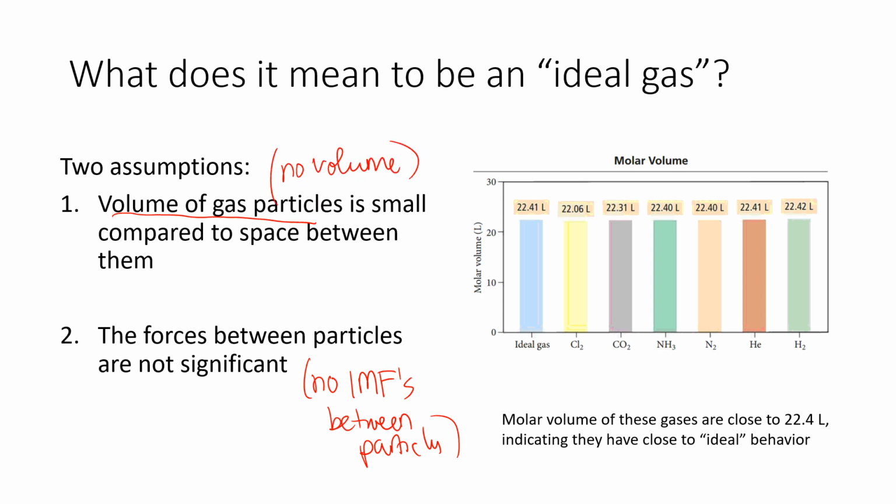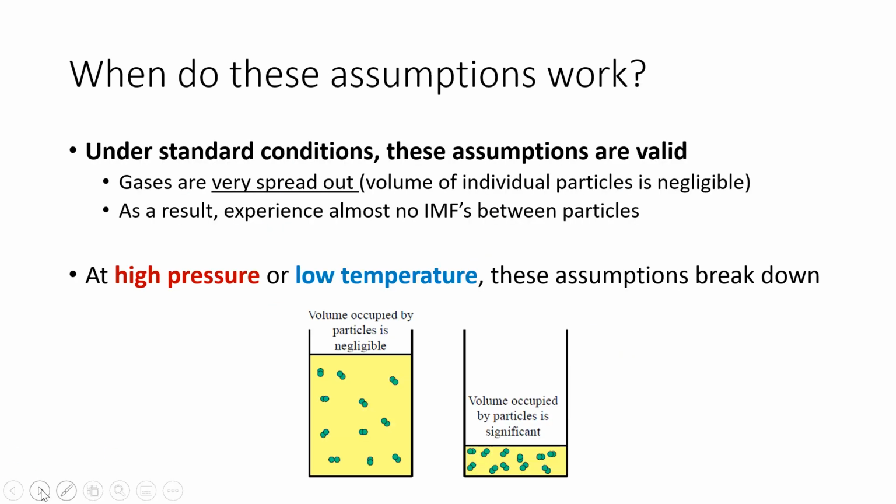They are so spread out that the volume of the individual particles is insignificant. Sorry, my handwriting's messy. Okay, so those are some of the assumptions we make about ideal gases, and these assumptions work pretty well under standard conditions.